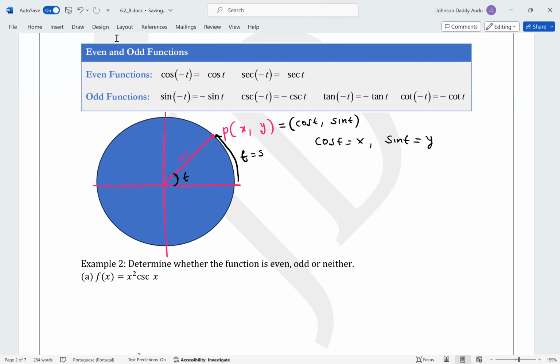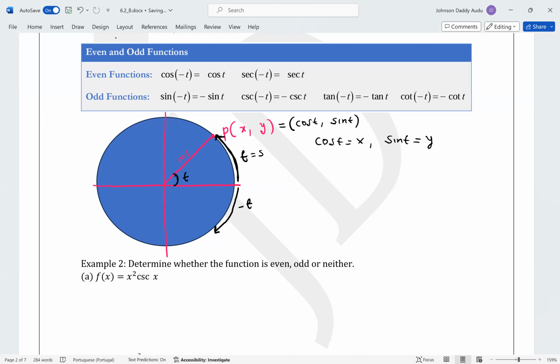Now, one thing we can also see is that if we can go a distance of t in this direction to this point, we can also go the same distance in the opposite direction, downward. So if this is t, this is going to be minus t.